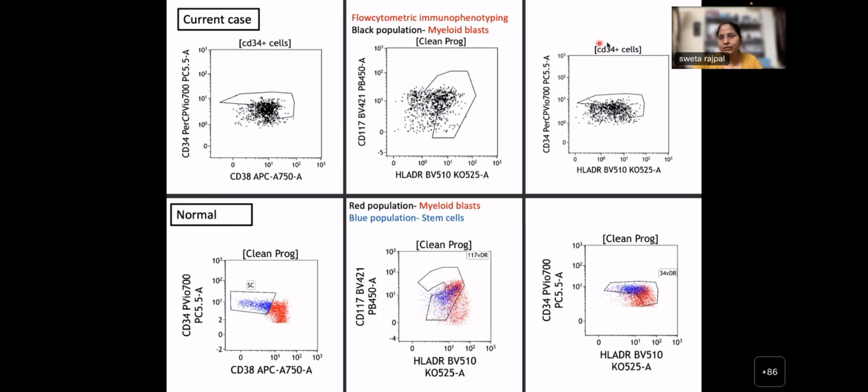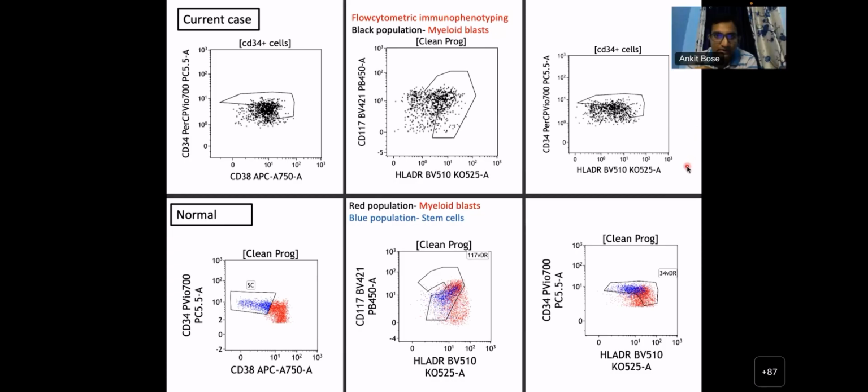One second, I'll just move this. You can move the video portion on your screen too. Ankit, would you like to say how you see this plot? What is the difference compared to normal here? Ma'am, CD34 expression is very much scattered, just like the previous one, but CD34 versus HLA-DR is taking a more negative side.